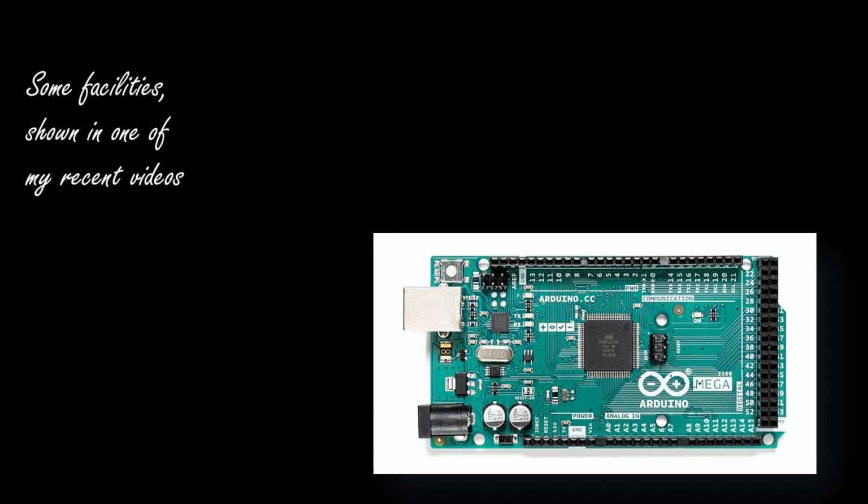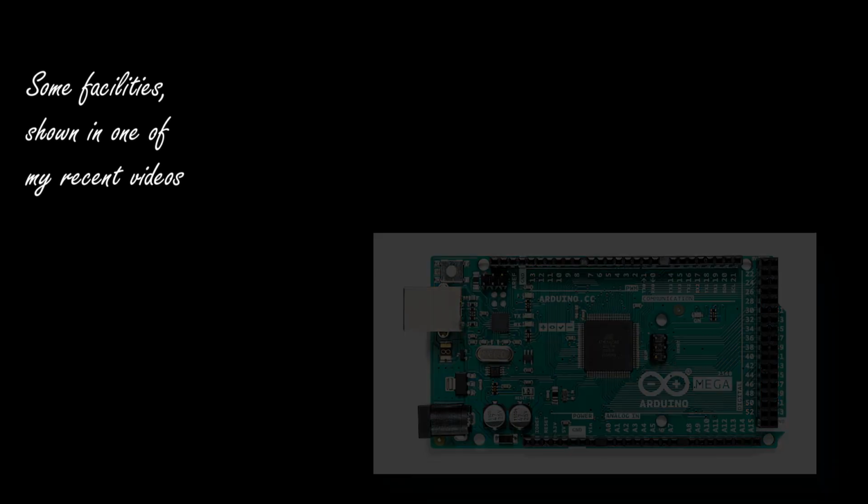Let me now propose you a part of a previous video I have published, just to show you the possibilities, the features made available by Arduino and by microcontrollers in general.